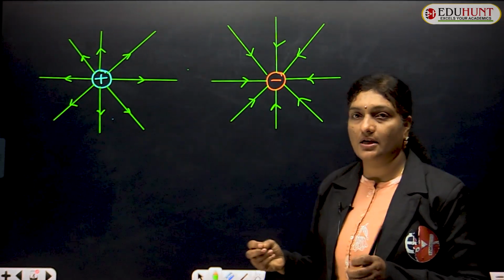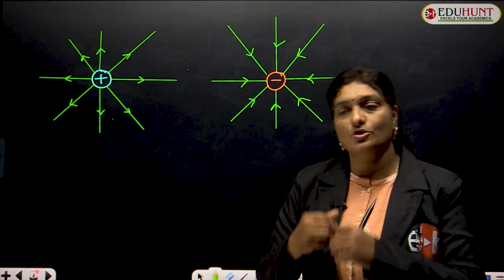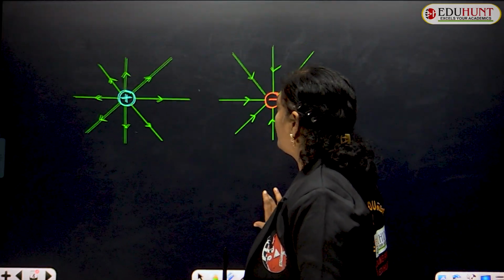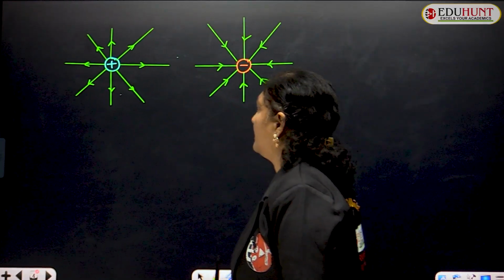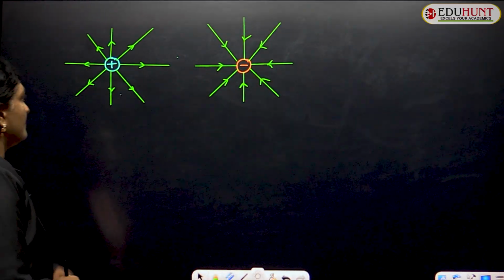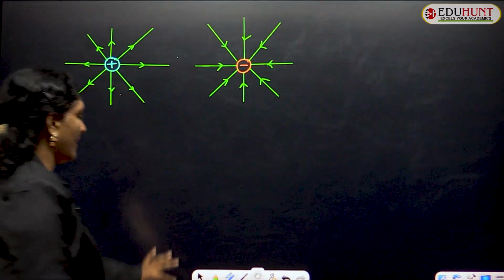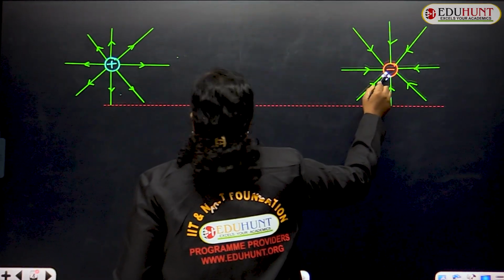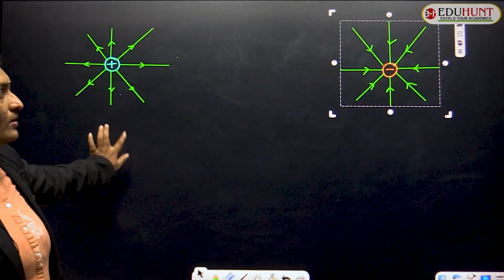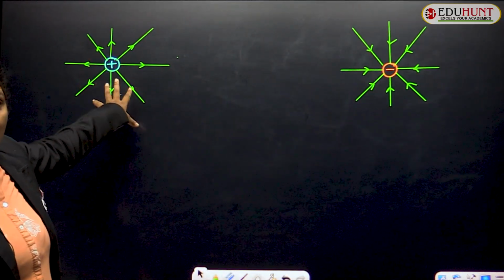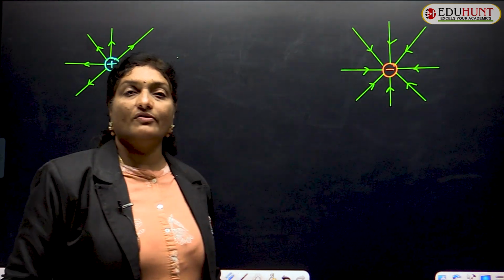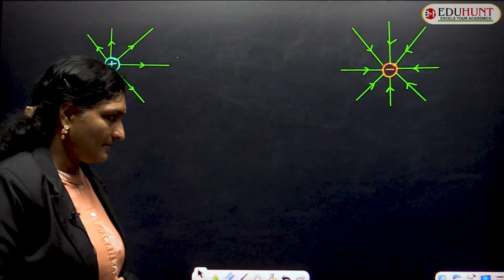Suppose you consider two positive charges together, if you keep two positive charges at one place, then let us see. Here is a positive charge separately and here is a negative charge. This is the structure of the electric lines of force of a unit positive charge, and here it indicates the electric lines of force of a unit negative charge.